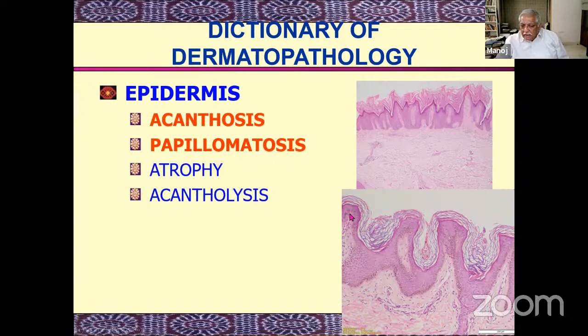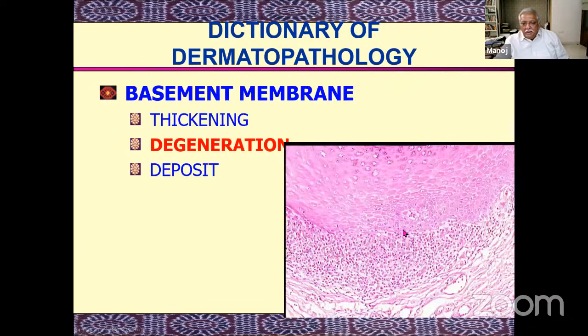Make out that the epidermis is going like this. Instead of becoming a thick cushion like this, it is going like this. This is more like a cushion. The earlier one which you saw was the church steeple.